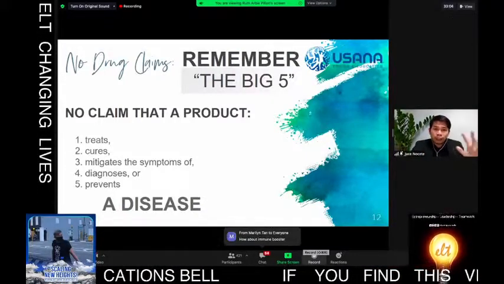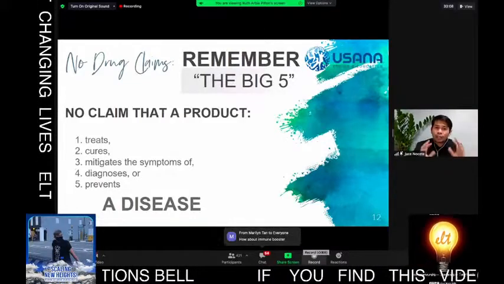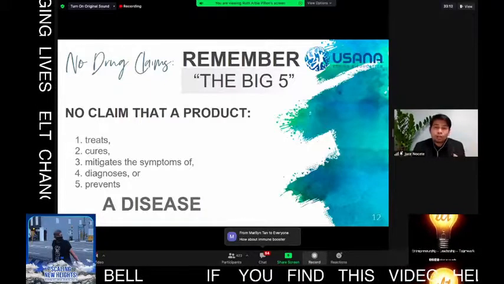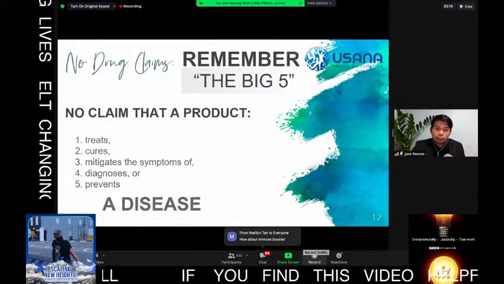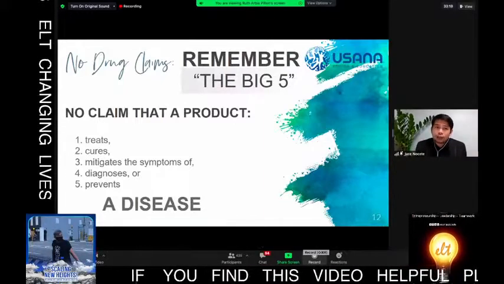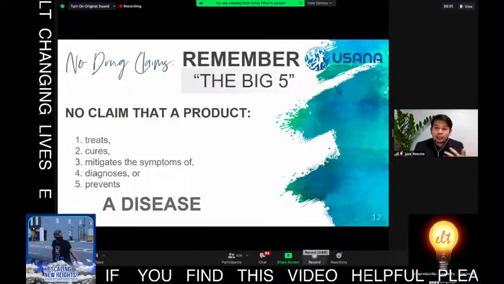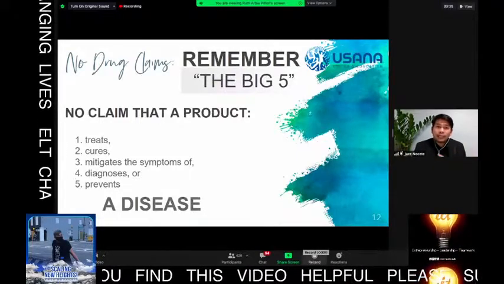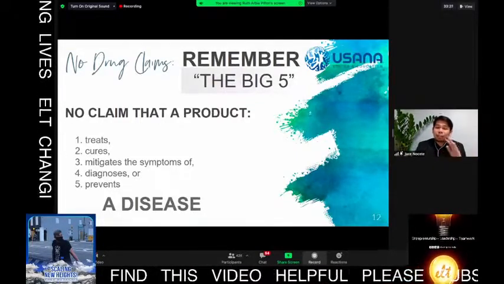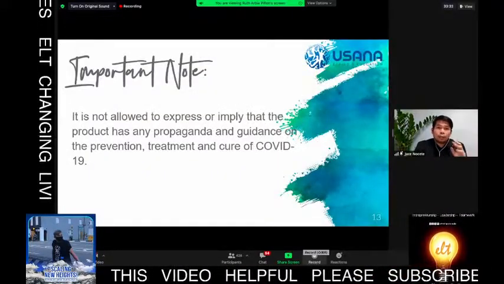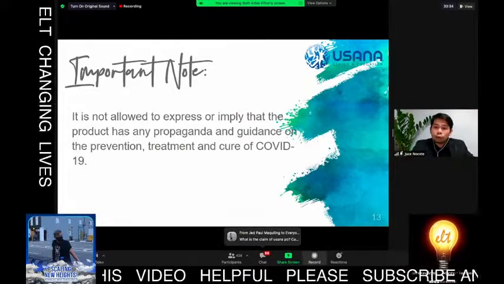And of important note then, we stay away from talking about any certain disease or medical condition. And of important note, sa panahon ngayon, with regards to COVID-19, we are not allowed to express or imply that the product has any propaganda and guidance to the prevention and treatment of COVID-19.